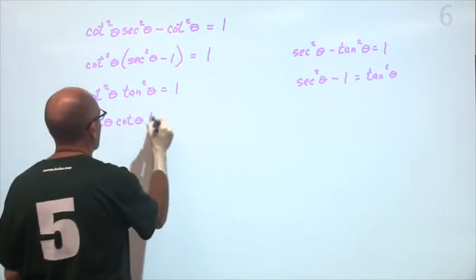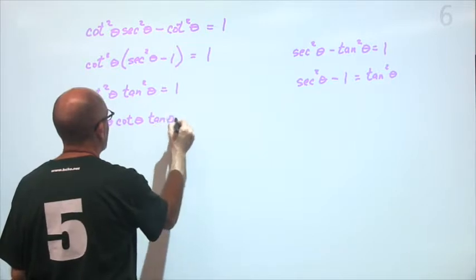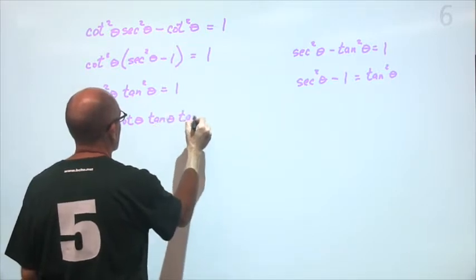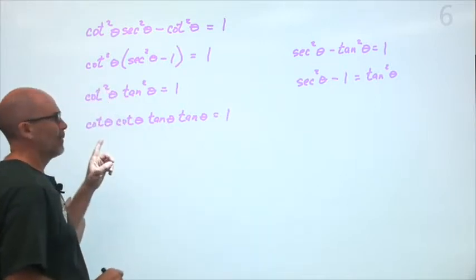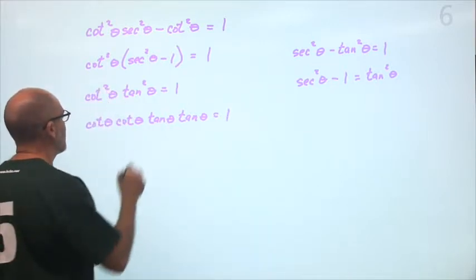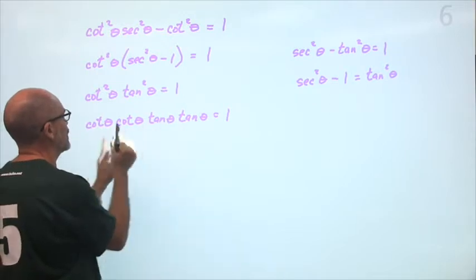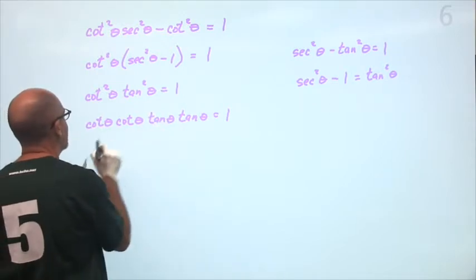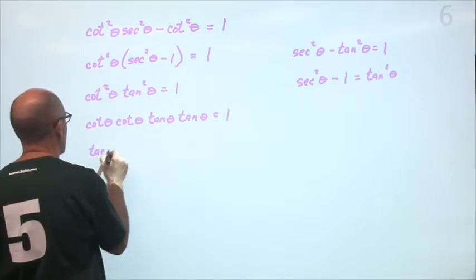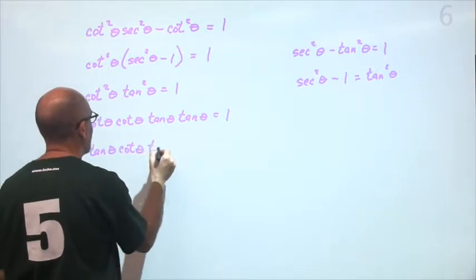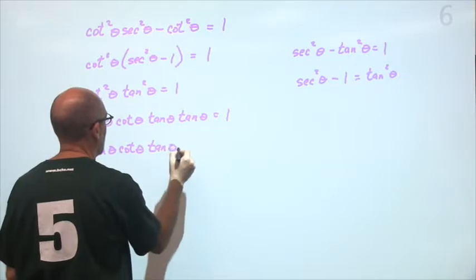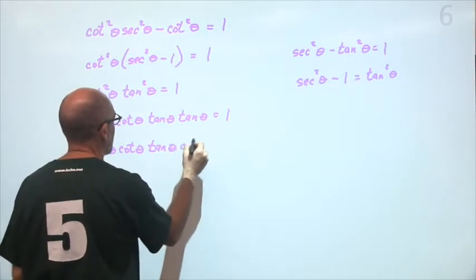And tangent squared is tangent times tangent. All right, now we have the commutative property of multiplication that says I can change the order anywhere I want. So I can take a tangent times a cotangent times a tangent times a cotangent.